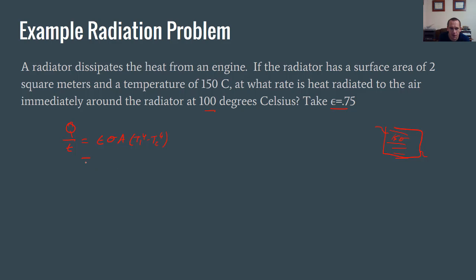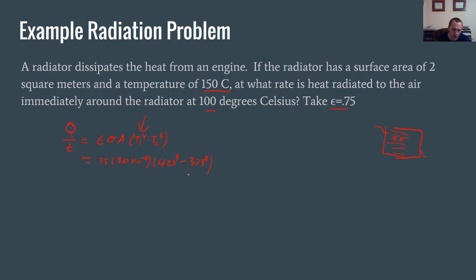And so this is equal to 0.75 times 5.67 times 10 to the negative 8th times, okay, this, remember, is absolute. That says 150 degrees Celsius. We've got to add on to that our 273 so that we're actually in Kelvin. 150 plus 273 is 423, and this is 423 to the 4th power minus 373 also to the 4th power.